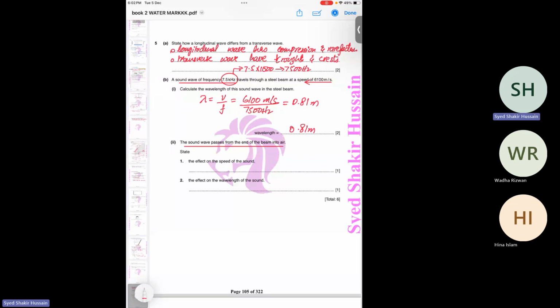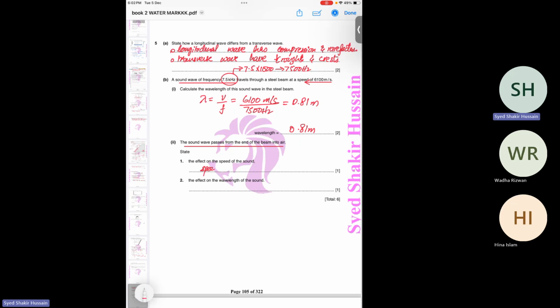From beam it goes into the air. Is the speed more in air or more in solids? Technically, this is part of the sound again, but speed of sound is more in solids. You need to remember that, right? So if it goes from the beam, that's the solid, to the air, that's the gas, then the speed would decrease.